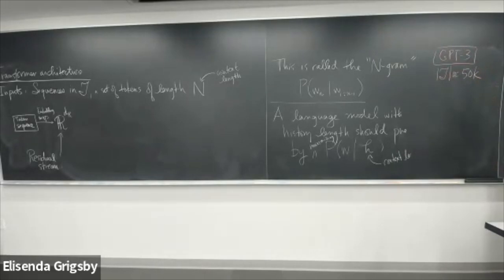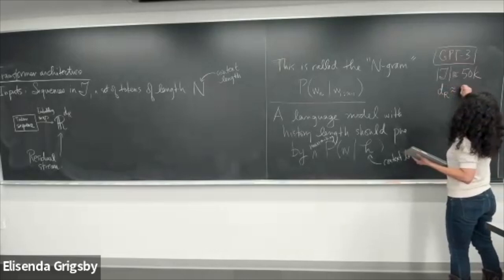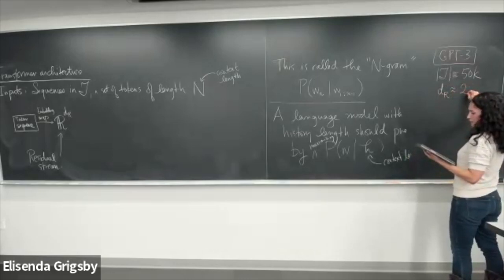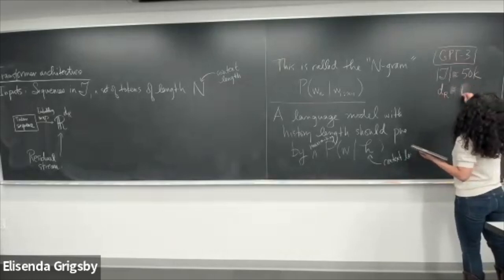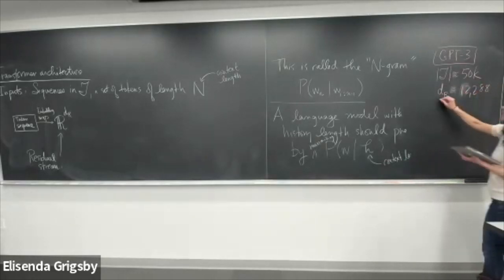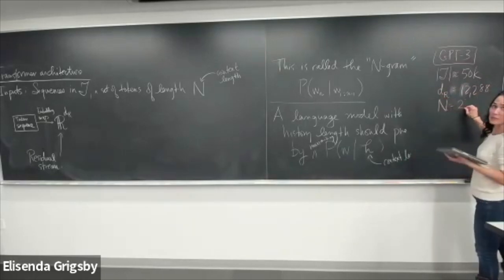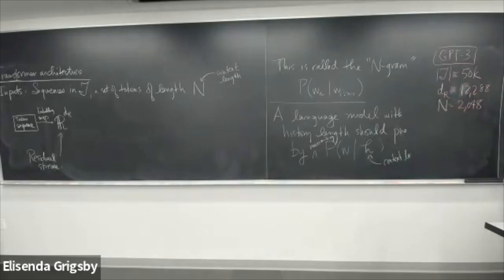The dimension of the residual stream, so I'm calling this D sub R, is about 12,000. Specifically, it's 12,288. Context size is about 2,048. Context length. So it can only look 2,048 tokens back as it makes its prediction. Okay, so here's some ballpark numbers.